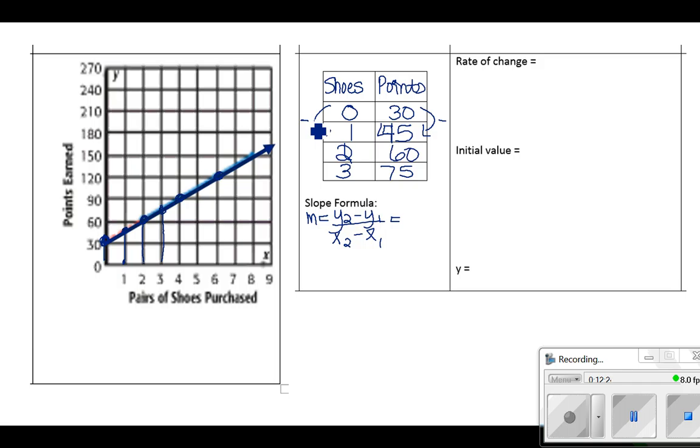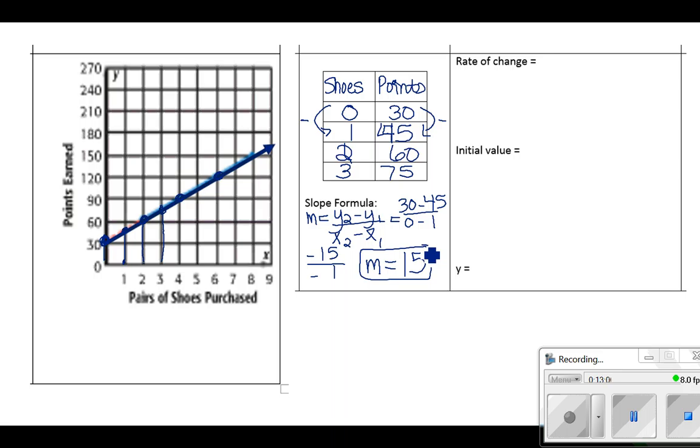So we have 30 minus 45 over 0 minus 1. I'm going to solve the numerator first. 30 minus 45 is negative 15. 0 minus 1 is negative 1. So that means my m equals positive 15.